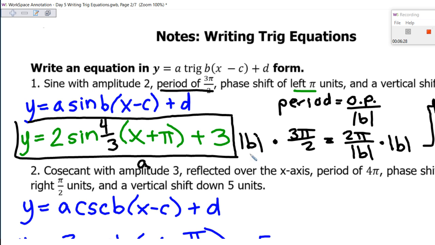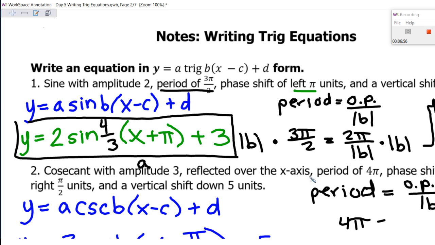And our period formula is period is equal to the original period divided by the absolute value of b. And they told us the period is 4 pi. And if we're talking about cosecant, what's the original period for cosecant? 2 pi.